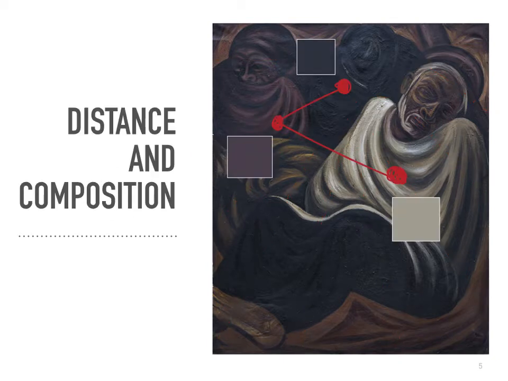Within the same technique used in distance and composition, the overlapping of subjects has been used to further extend the dimensions, and as we move along the subjects, the color is also shifting.